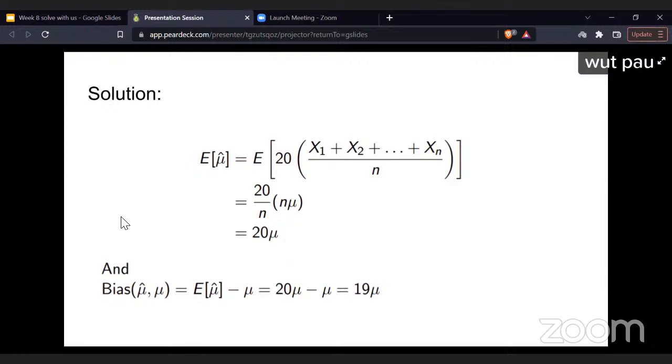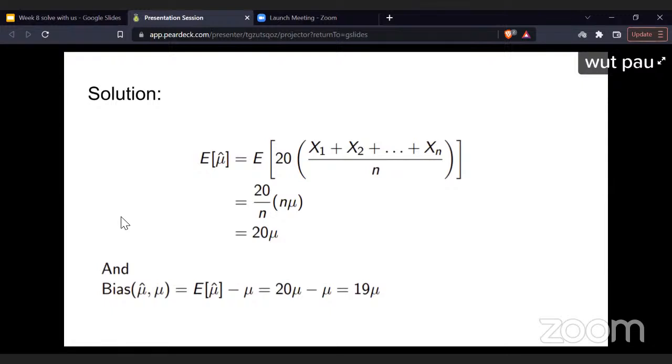So we'll find the expected value of mu hat. Mu hat was given as 20 times (x1 plus x2 plus up to xn) by n, and since all these x1 to xn are IID with expectation mu and standard deviation sigma, the expected value of x1 plus x2 plus up to xn will come out to be n mu. So 20 times n mu divided by n, and you get the expected value of mu hat to be 20 mu.